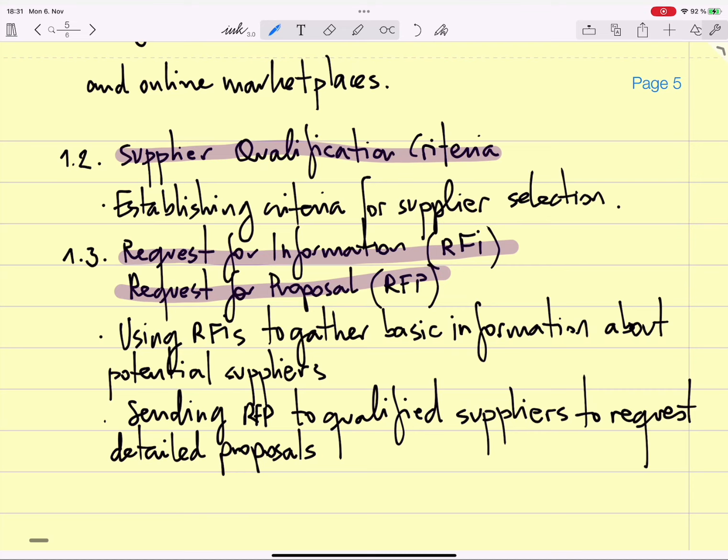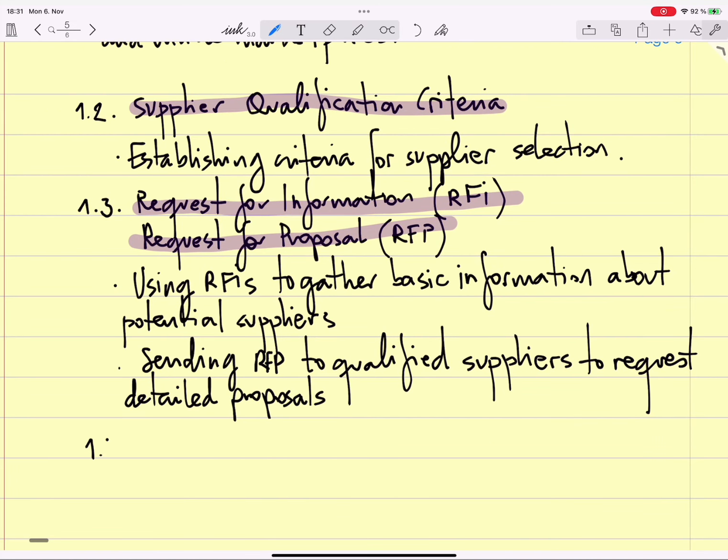So, and then number 1.4, and this also includes the topics above, continuous monitoring and evaluation.